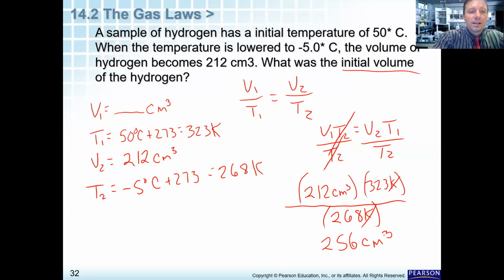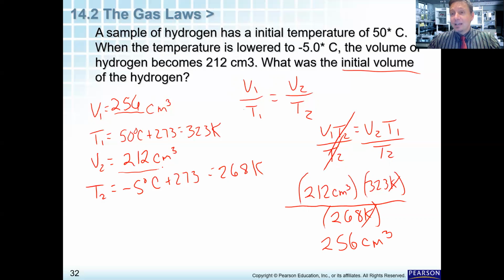So I can come over here and write that down, 256 centimeters cubed. Now let's make sense of this. So I had a volume and a high temperature. The temperature fell, and notice what happened to my volume. My volume directly fell. So it went from 256 to 212.